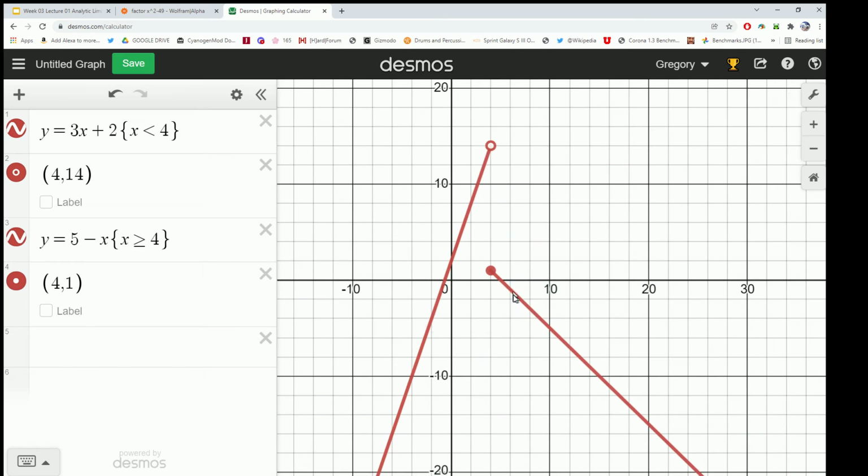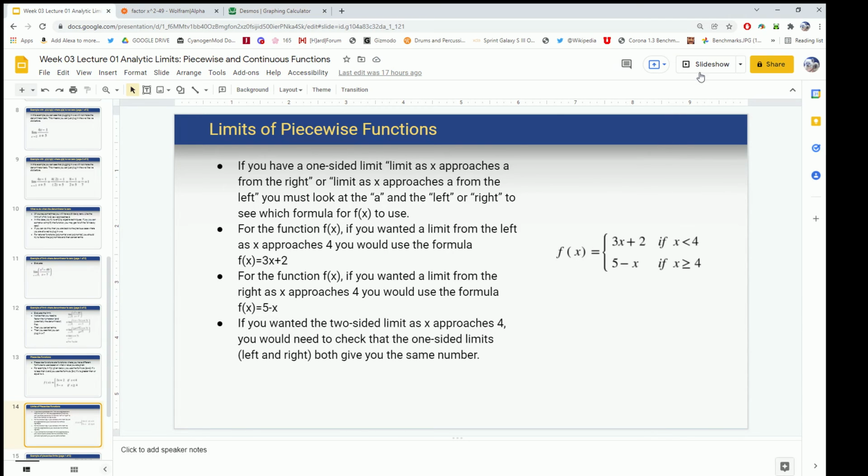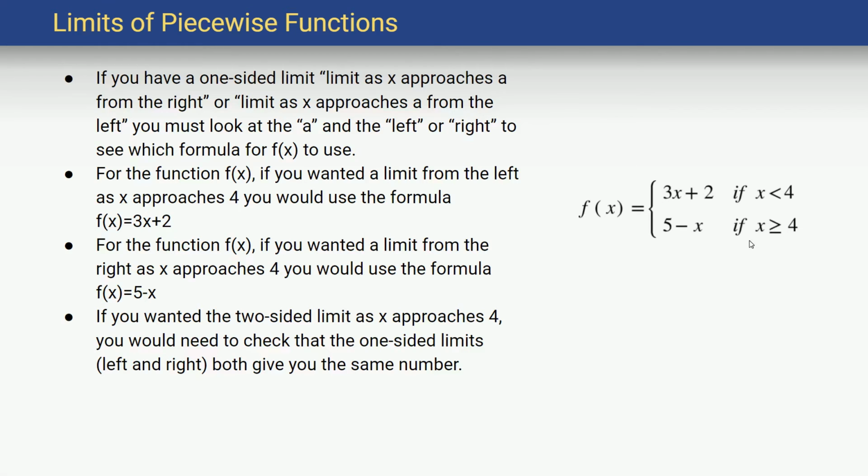And down here, if you do a limit from the right, you're going to end up at 4 comma 1, right? So the left-hand side and the right-hand side don't agree as to what the limit should be. And so when you evaluate limits with piecewise defined functions, you need to keep that in mind.